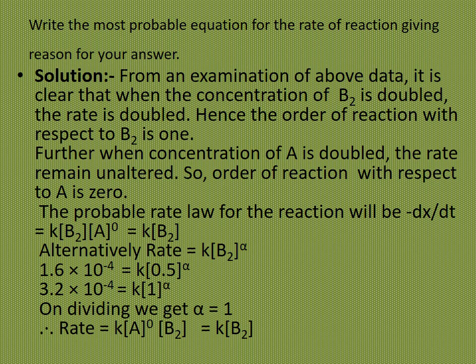The probable rate law for the reaction will be minus dx upon dt equals k B2 to the power 1 into A to the power 0. We know that if any variable has power 0, then that will be equal to 1. So minus dx upon dt equals k B to the power 1.